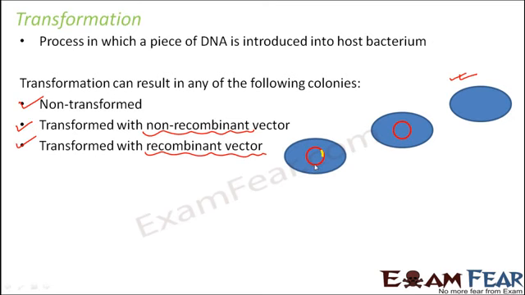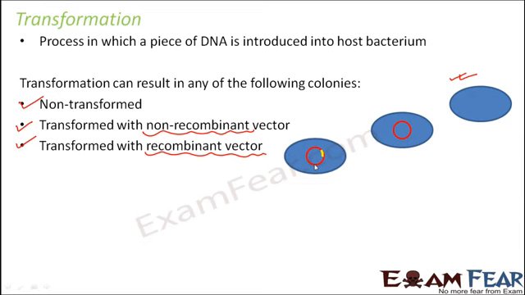So the vector here also has the recombinant DNA. That means it has that foreign piece of DNA. So these are the three possible colonies that can be formed as a result of the process of transformation, when the foreign DNA is introduced into the host cell. So these three things can happen.